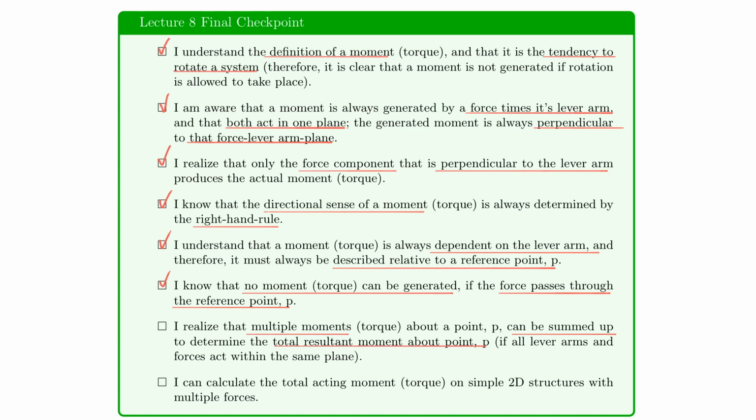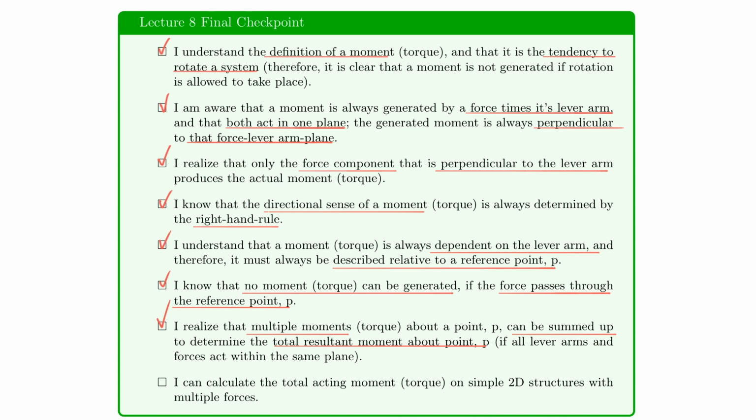That is, of course, only the case if the lever arm and the forces act within the same plane. But for now, this is always the case here in this class because they are always acting in the XY plane. But you understand that if you have F1, F2, F3, and they all rotate about a point, then they can be summed up. So I can check that off as well.